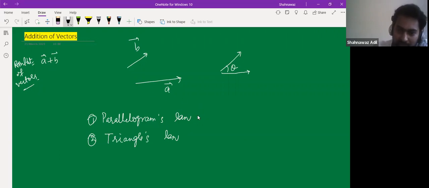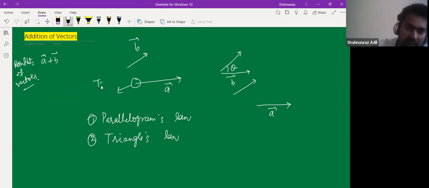So what is the parallelogram law? You are given two vectors, vector A and vector B. There are two parts of a vector: this is called the tail of a vector, and this is the head of a vector.